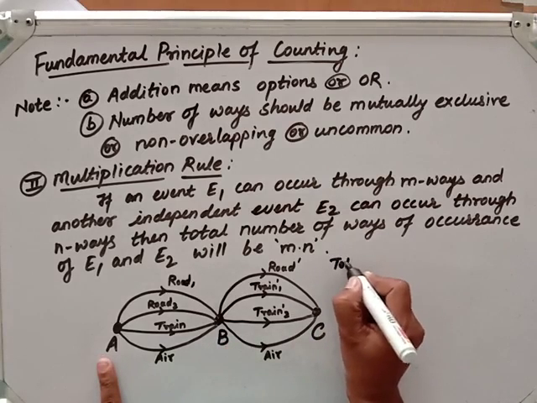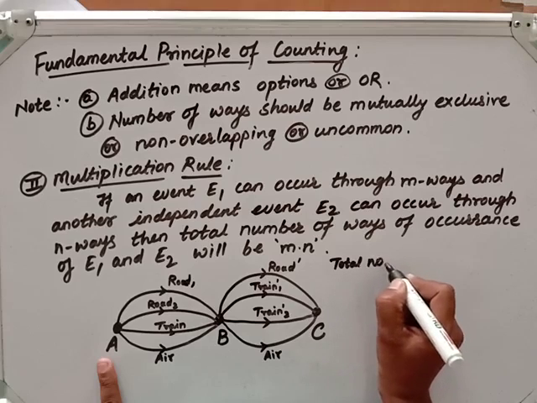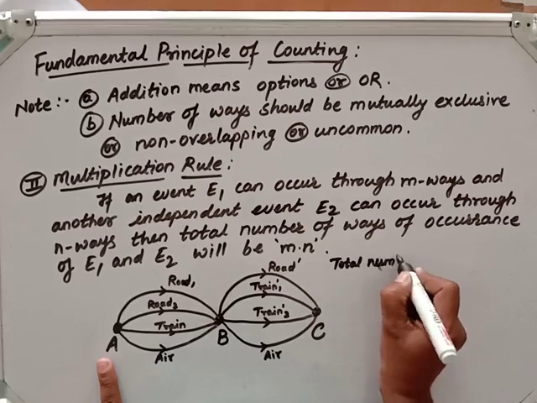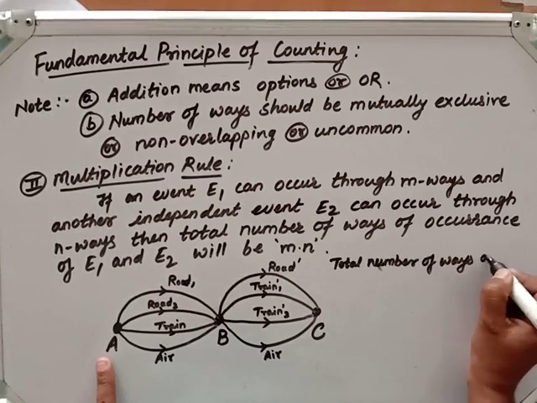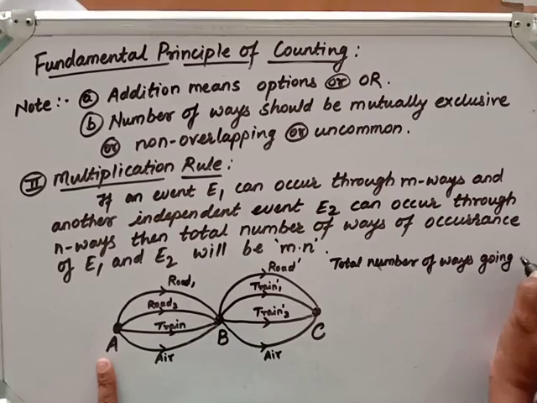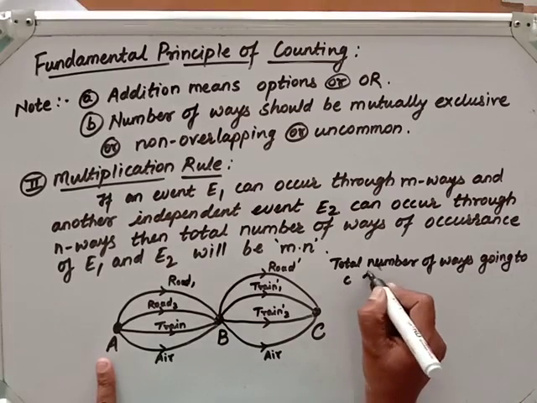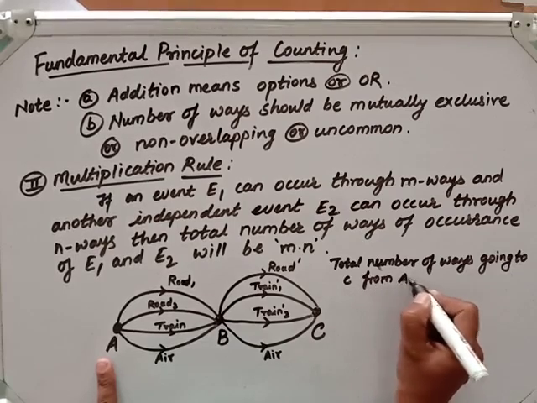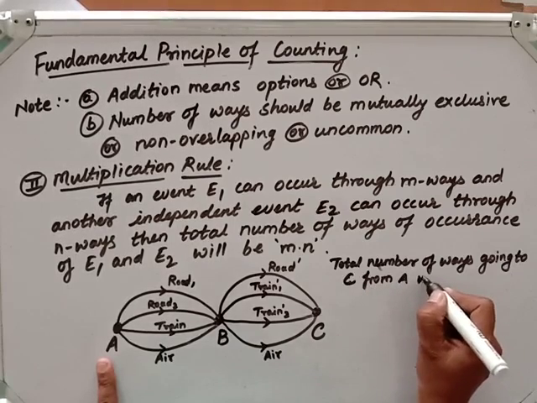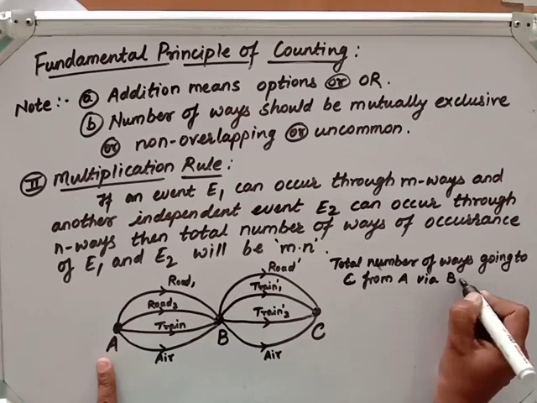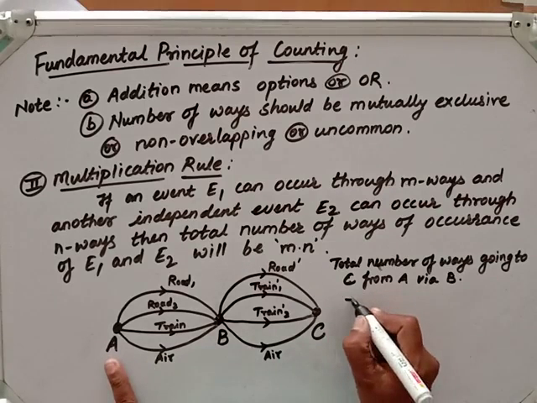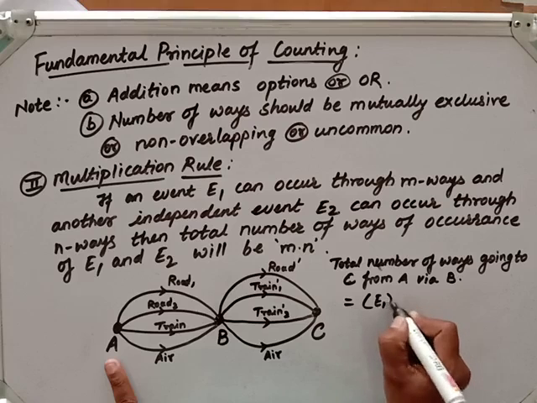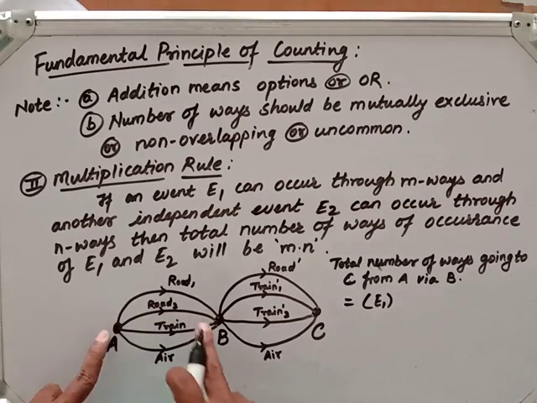So the total number of ways of going to C from A via B. Suppose we have to go up to B and later on we have to go to C from A. So what is event E1? We have to go from A to B first.